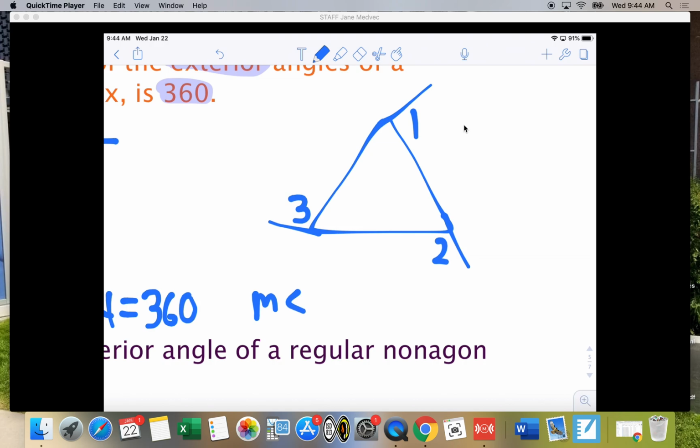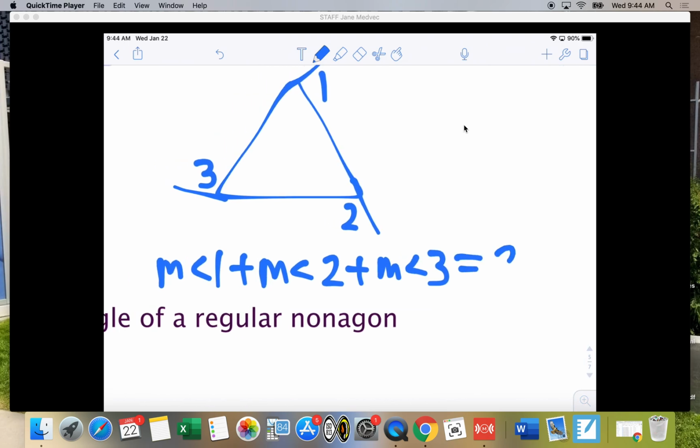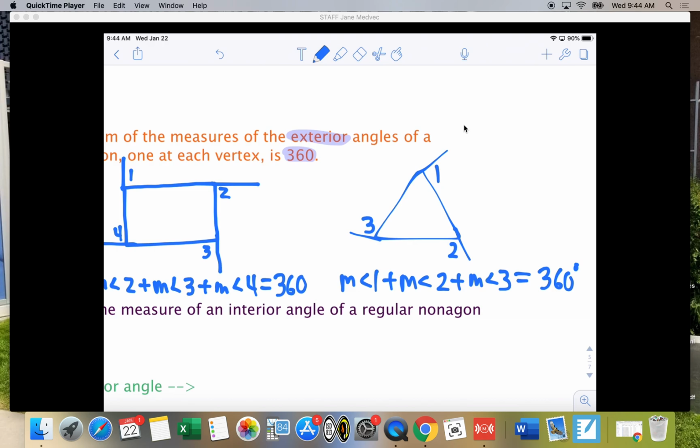Same thing. The measure of angle 1 plus the measure of angle 2 plus the measure of angle 3 equals 360 degrees. So it works for any polygon. And you'll be using that on the test. Questions? Going too fast? No? Okay.